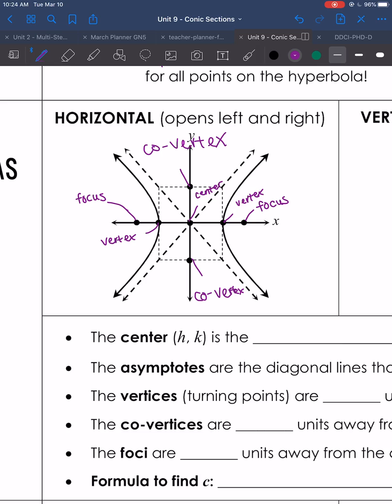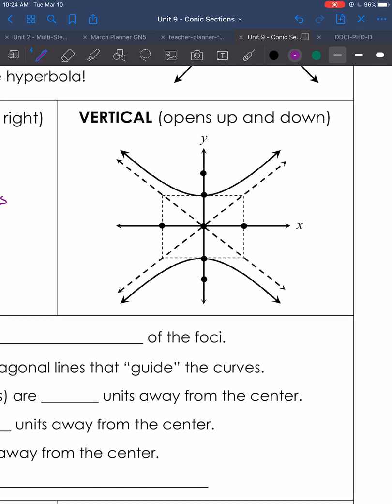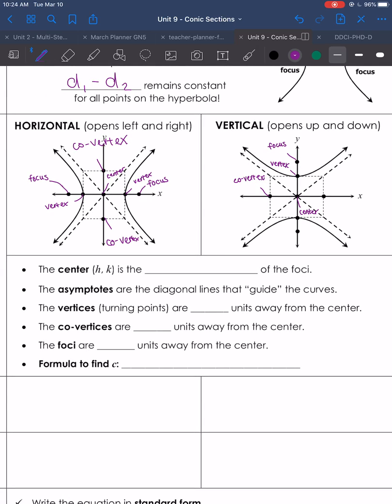So horizontal opens left and right, and then vertical opens up and down. The only difference here is this is the vertex, and this is the focus, and then this is a co-vertex. This is still the center. All right, the center, (h, k), is the midpoint of the foci.